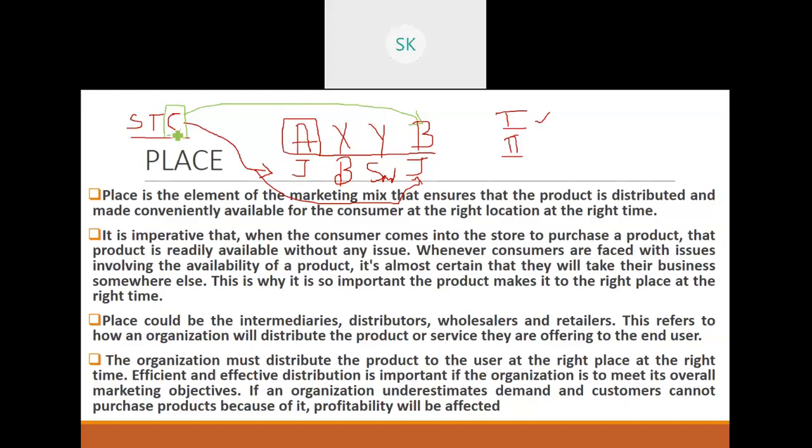Okay, because one customer can influence many other customers along with him and take them to the store where he was satisfied. So that is very, very important when it comes to place.